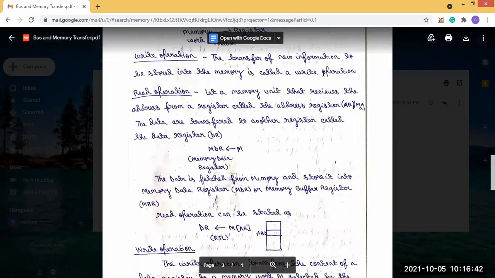We have said that among the special purpose registers, some registers can store the data and some can store only the address. This memory address register is only capable of storing the address. That's why it is among the special purpose registers.